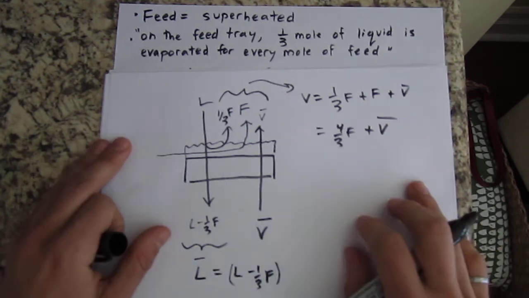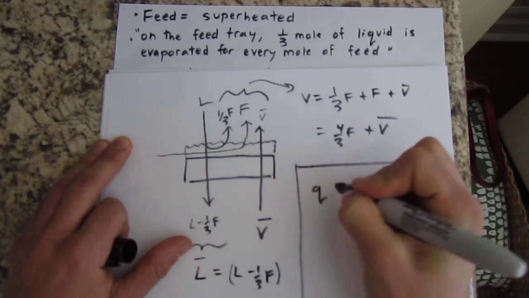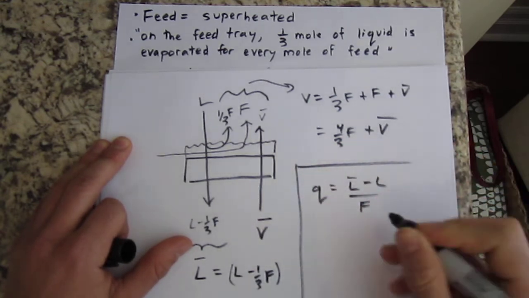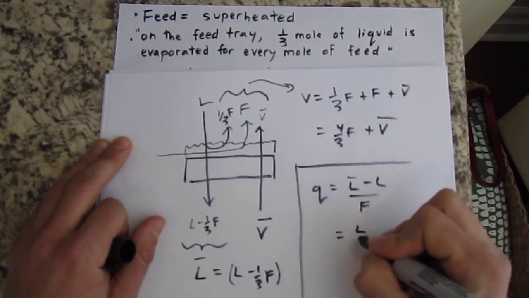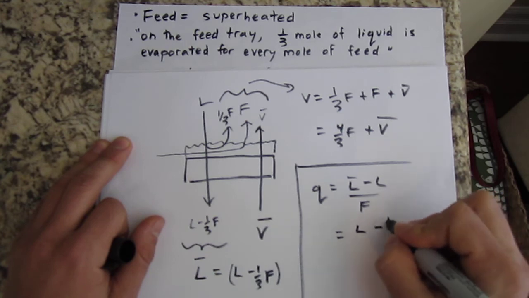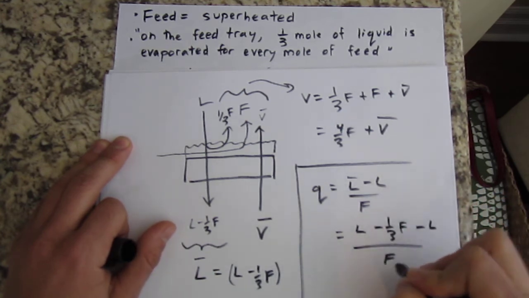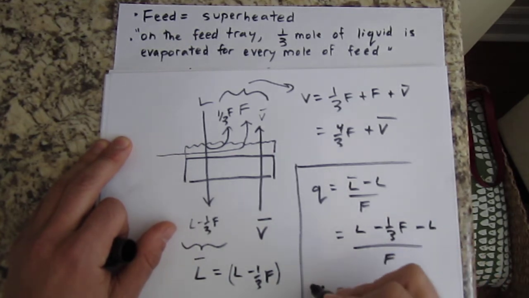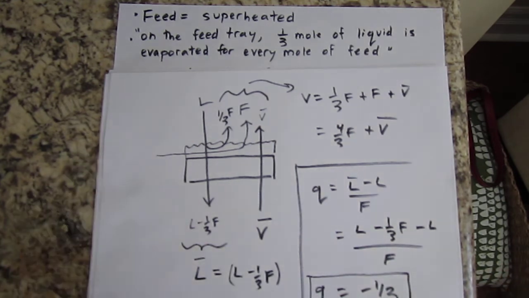So with the equation we have for Q, Q equals L bar minus L over F, which equals L minus 1/3 F minus L over F, equals minus 1/3. So that's how you have to find the value for Q.